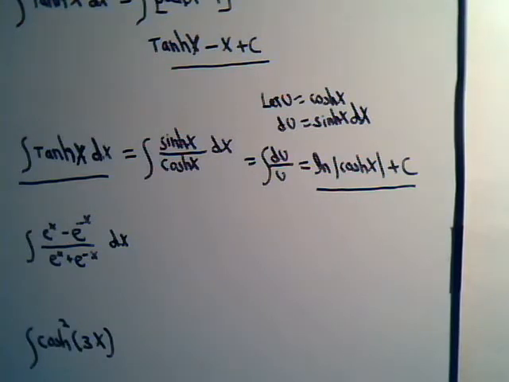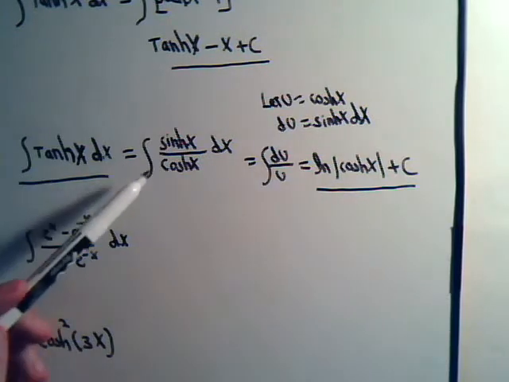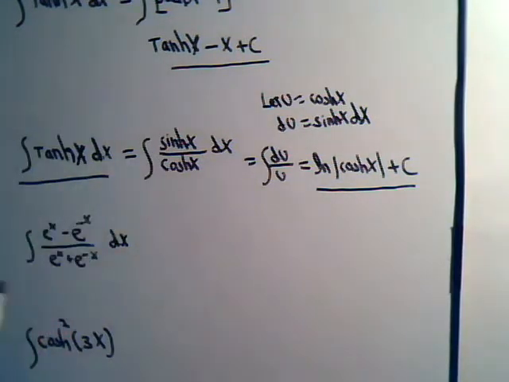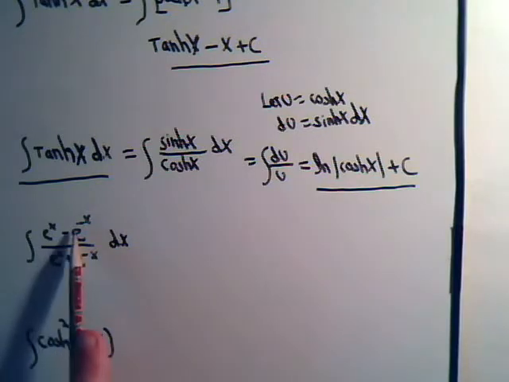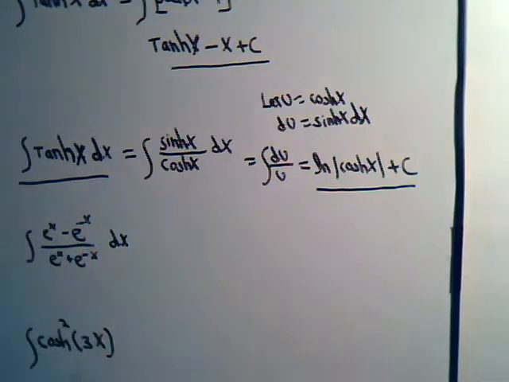Now, for the hyperbolic tangent of x, suppose we wrote it out in exponential form like this. So let's look at this integral for a minute. If I called the denominator u, then du would be e to the x minus e to the minus x, which is what the numerator is right here.